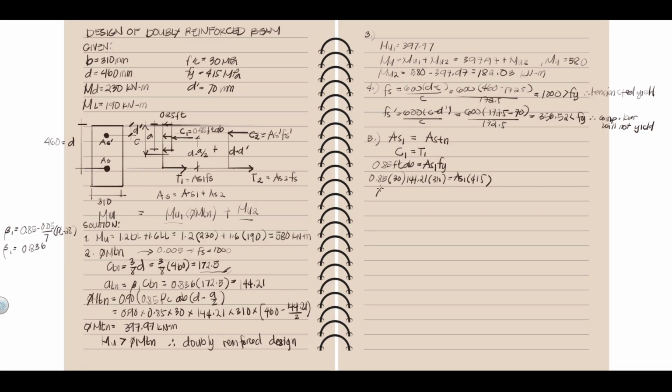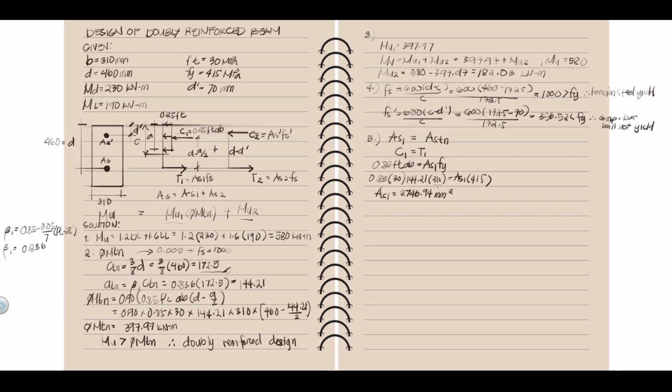So our AS1, we will have an answer of 2,746.94 millimeter square. Okay.